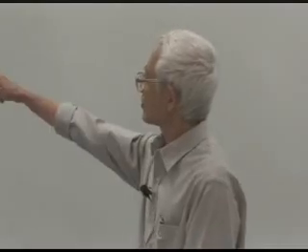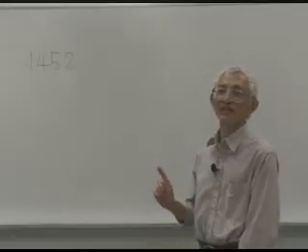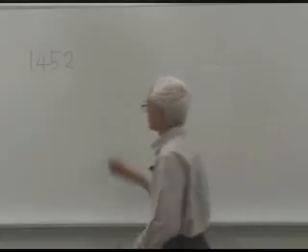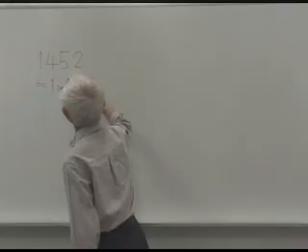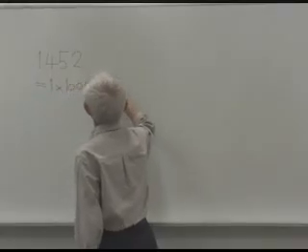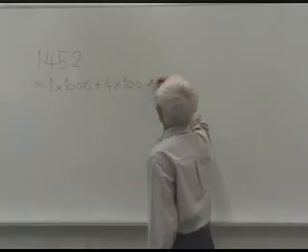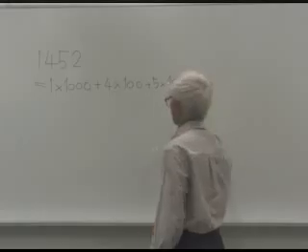Here's the number 1452. And we ask whether this is divisible by 11 or not. And we do the same thing. We'll break it up. So the first one is 1 times 1,000 and 4 times 100 plus 5 times 10 and then plus 2.